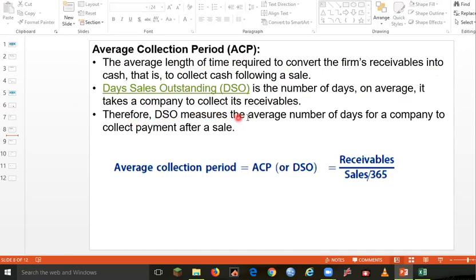Therefore, DSO measures the average number of days for a company to collect payment after a sale. And this is the formula of DSO. DSO is equal to receivables divided by sales per day. Means you will have to convert total sales into sales per day first.